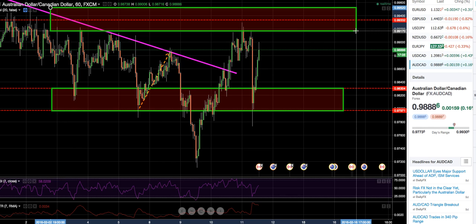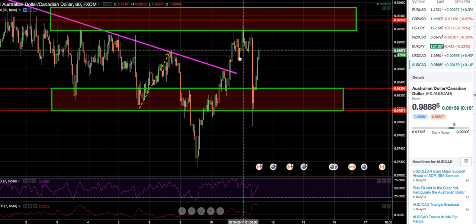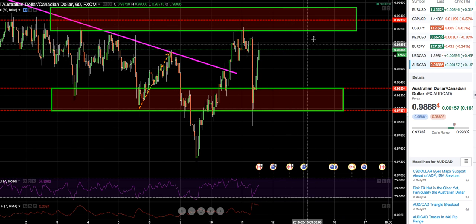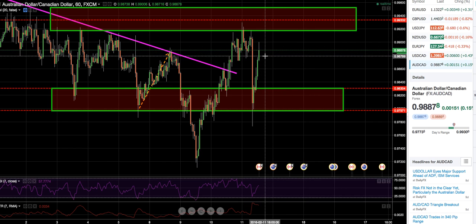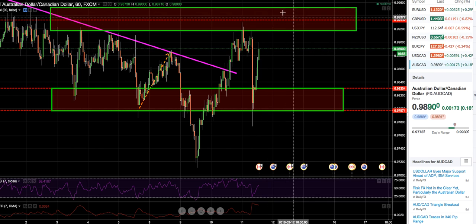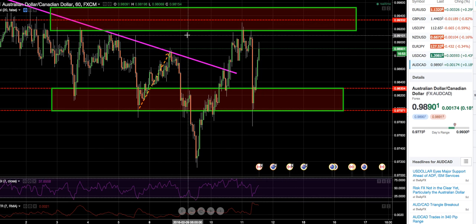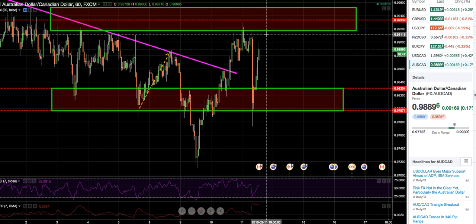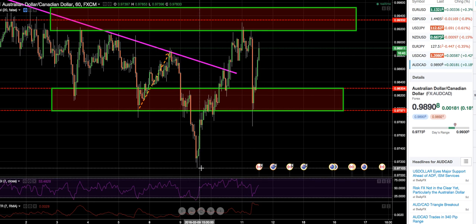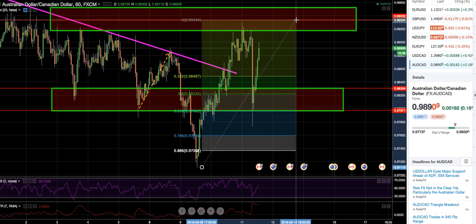So as you can see, we can trade both ways, up and down, inside these boxes of ours. If the market comes into that box right here, you would probably have to go to the lower time frames to get some kind of entry. This is pretty far out.